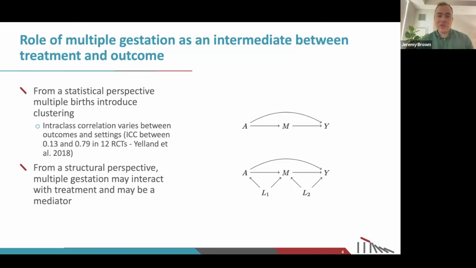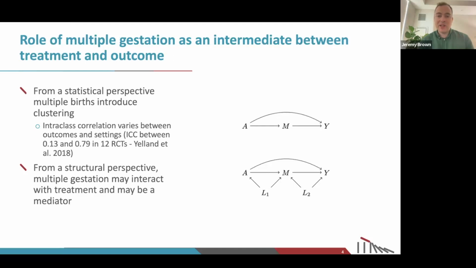There have been studies looking at the intra-class correlation coefficient and finding coefficients between 0.13 and 0.79 in different RCTs with different outcomes in pregnancy. But also from a structural, causal perspective, multiple gestation may interact with the treatment, and it could also be a mediator of the treatment outcome association.